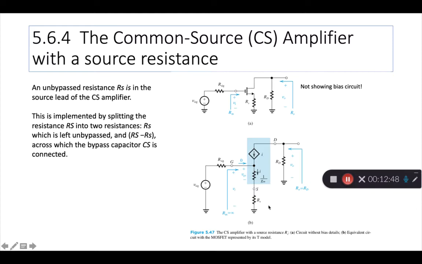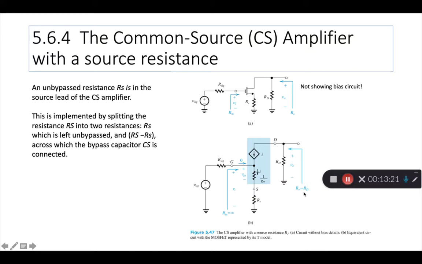Otherwise, everything else you can see is pretty much as defined. So there is a V input, after this resistance. So this V input is what gets magnified. And then VGS is the drop between the gate and the source. Looking from this side, you have RO, which is basically RD.